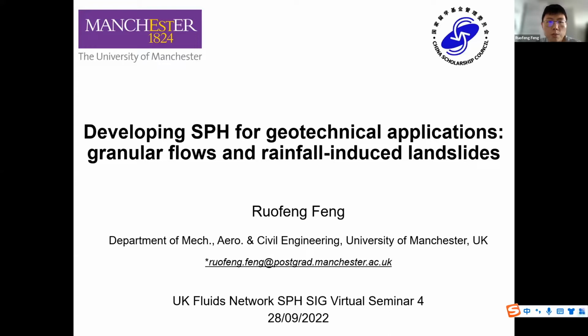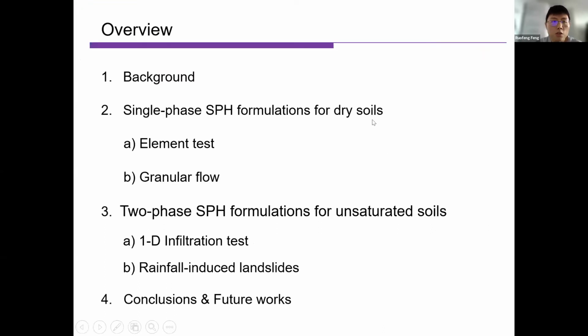Today, I'd like to talk about my study on developing SPH for geotechnical applications, ground flows and rainfall-induced landslides. For today's talk, I'd like to firstly introduce the background of this topic. This is followed by the single-phase SPH formulations for dry cells, which would be the first part of this talk.